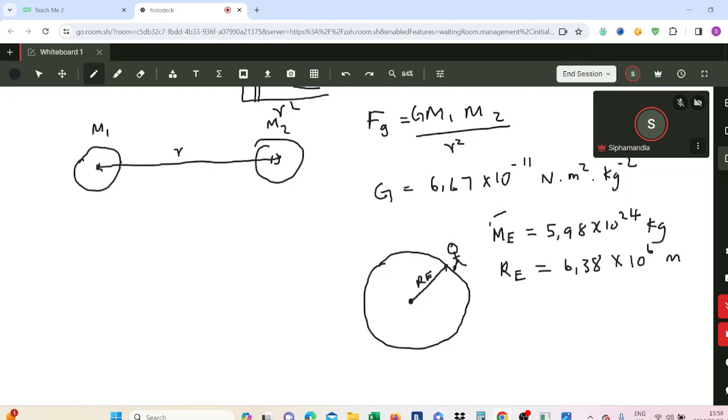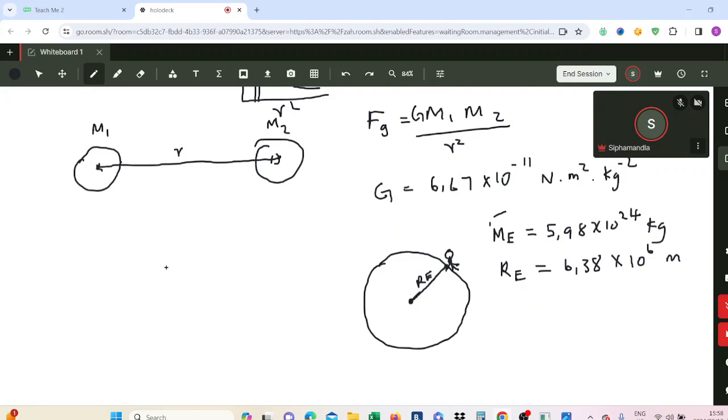Let's say this person is on the surface, but because we always take the distance from the center of this person, if this person is on the surface of the earth and I'm starting from the center of this person to over here, that means R will be the radius.